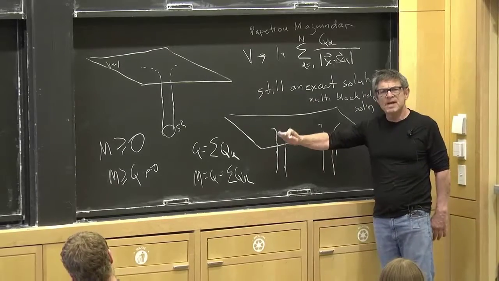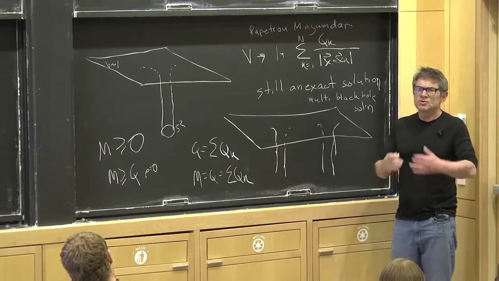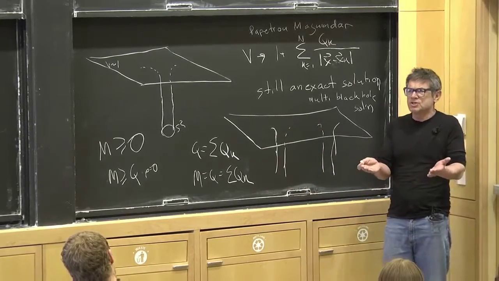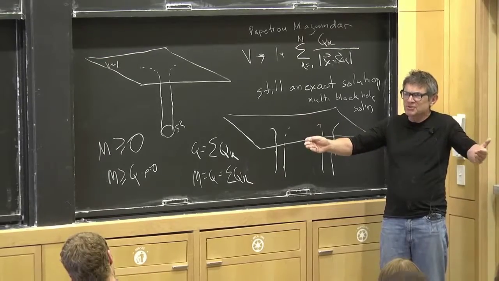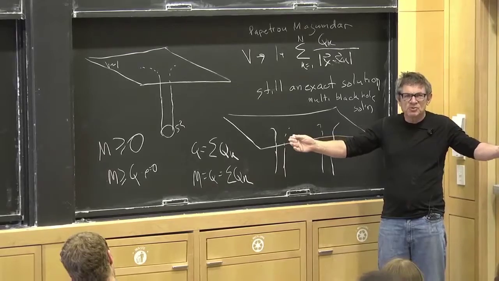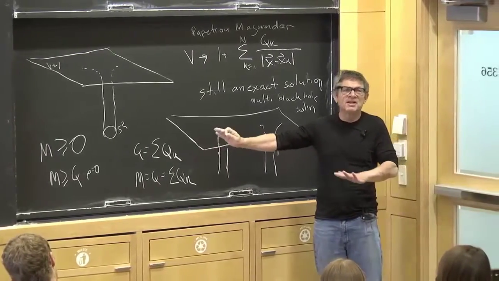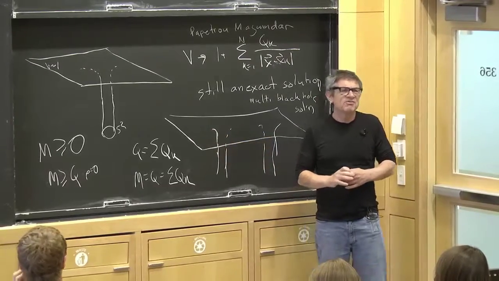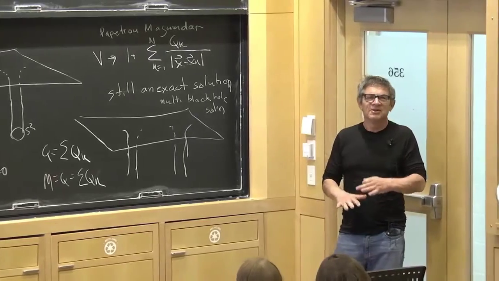You see, they have the mass exactly equal to the charge, and so you can't go any lower in energy. If there were any attraction or repulsion, it would mean that you could lower the energy by moving them either closer or farther apart, thereby violating this bound. So it's the fact that these spacetimes saturate a bound that makes them stable.